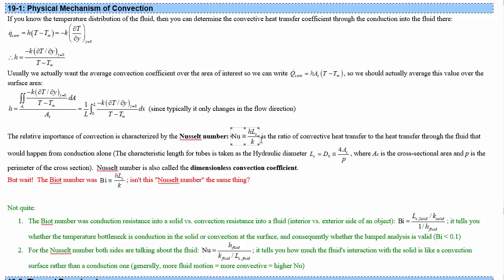This new dimensionless number is again characterizing how important convection versus conduction is within the fluid. So a high Nusselt number will tell you that the fluid motion is a big deal because the convection is a lot higher than you would get from just conduction, whereas a really low Nusselt number would tell you the fluid motion is not that big of a deal. The fluid is basically just behaving like a conduction medium.